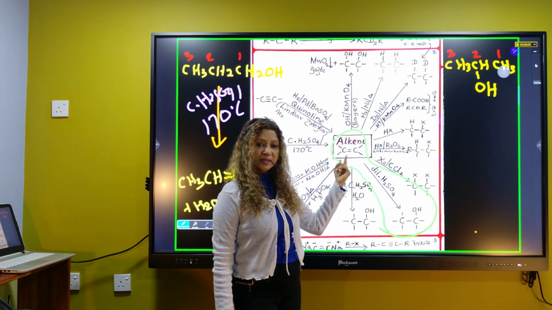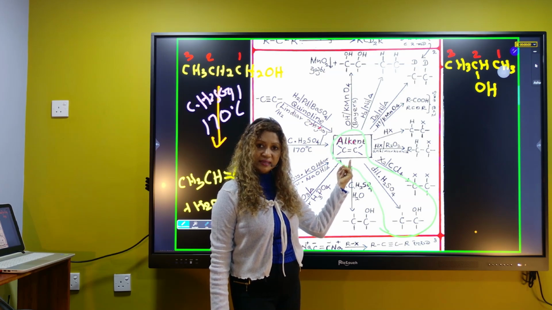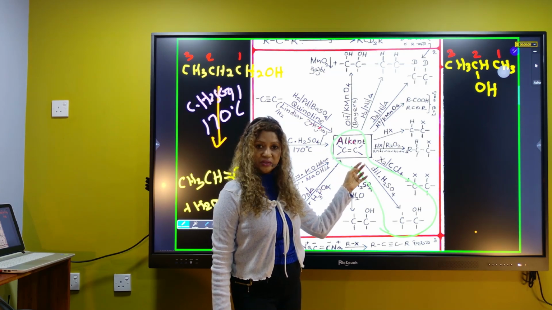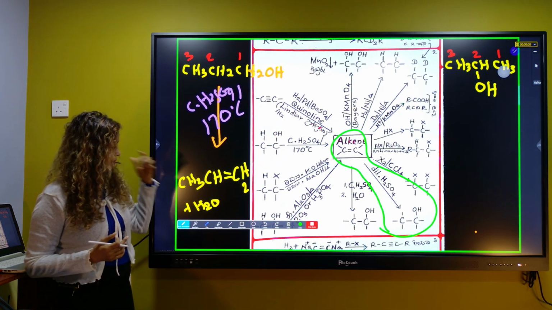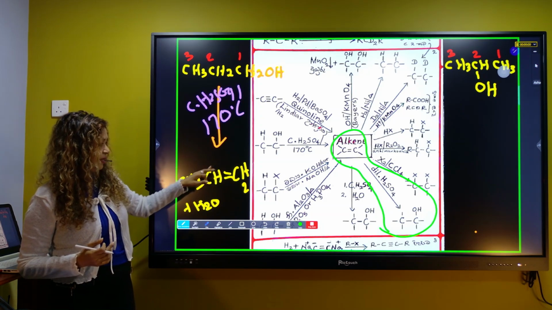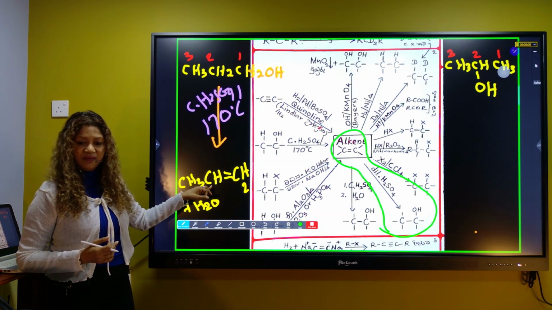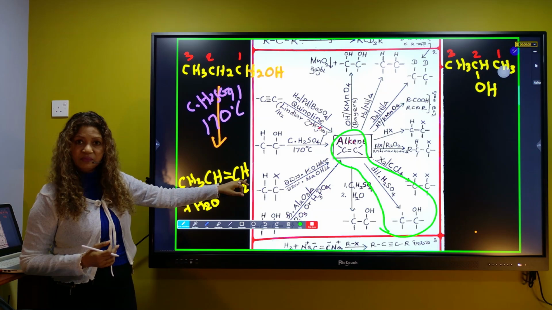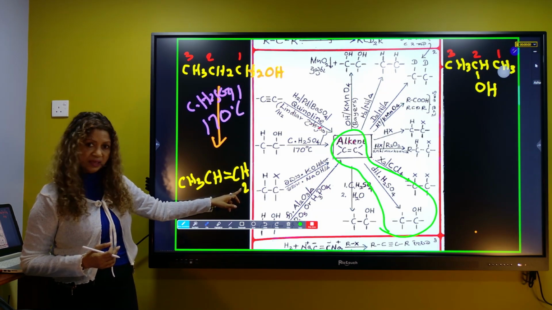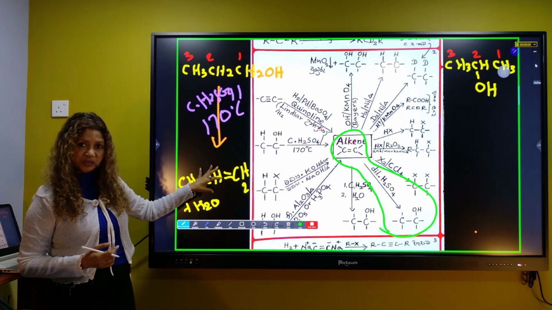Hydrogen joins one side following Markovnikov's rule, where the hydrogen count is higher, and OH joins the other side. In this molecule, the middle carbon has fewer hydrogens and the terminal carbon has more hydrogens. So hydrogen goes to the carbon with more hydrogens, and the OH group joins the middle carbon.